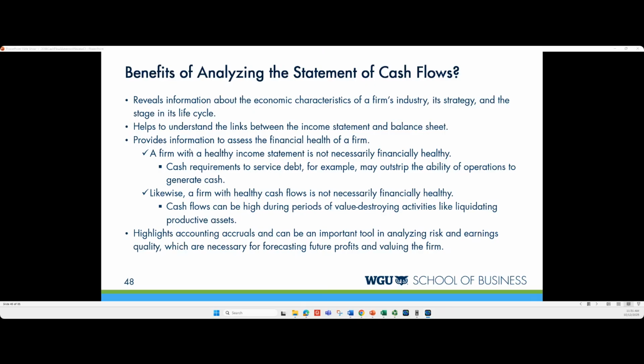And then we talked about the accruals. Accruals are things like accounts receivable and accounts payable. We want to make sure that those are not hyperactive, meaning they're not reflecting a large percentage of our actual cash generation.